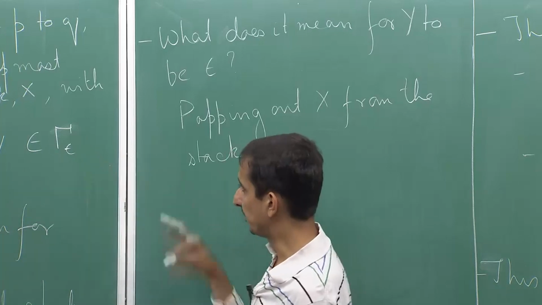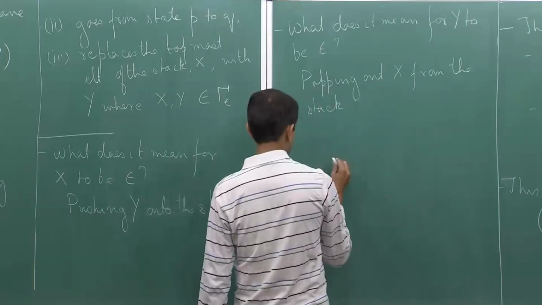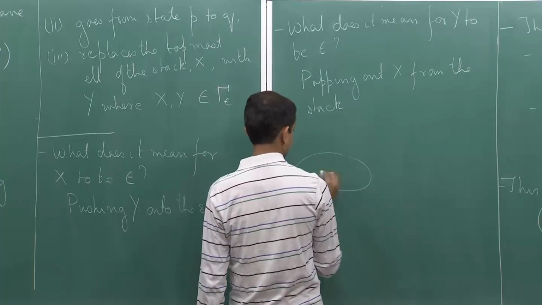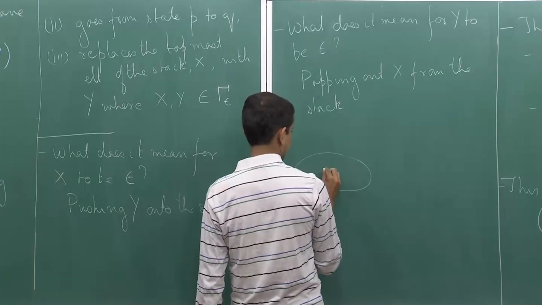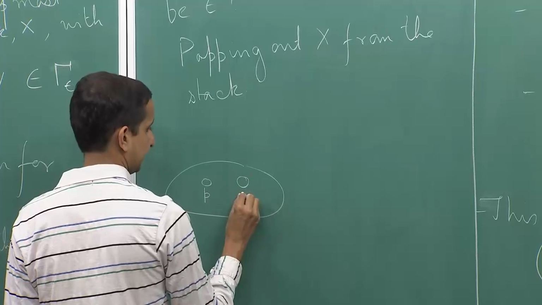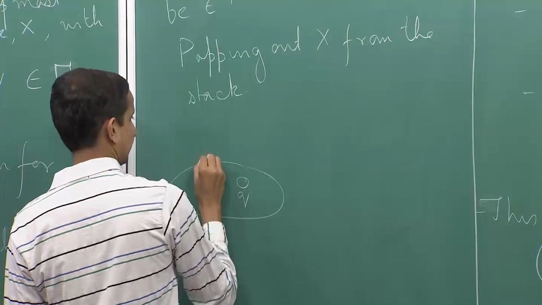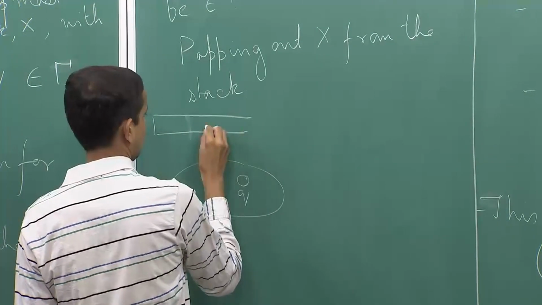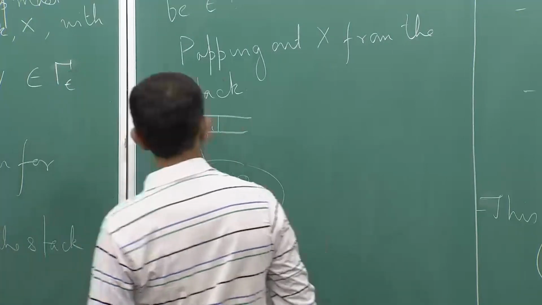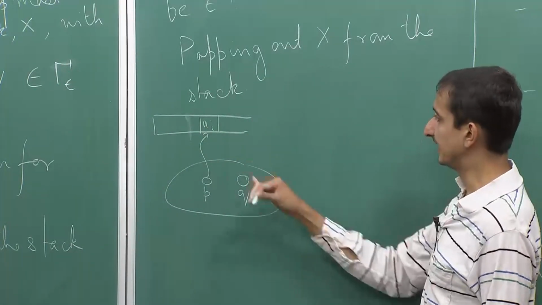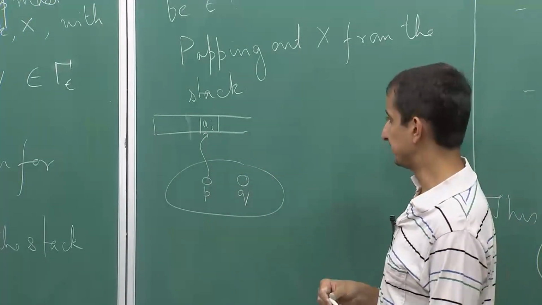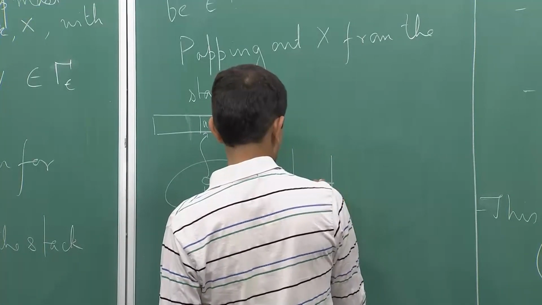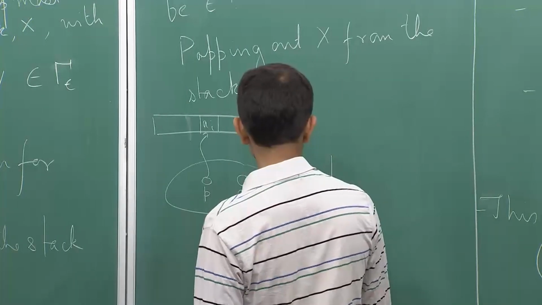So, basically if we have a computation like this, pictorially what it would look like is, let us say that I have my finite control, and in my finite control I have a state p somewhere, I have a state q somewhere, the automaton is reading the ith bit, let us say ai at any point of time, and I have my stack, and on my stack I have x at the top of the stack, and let us say some string t below it.